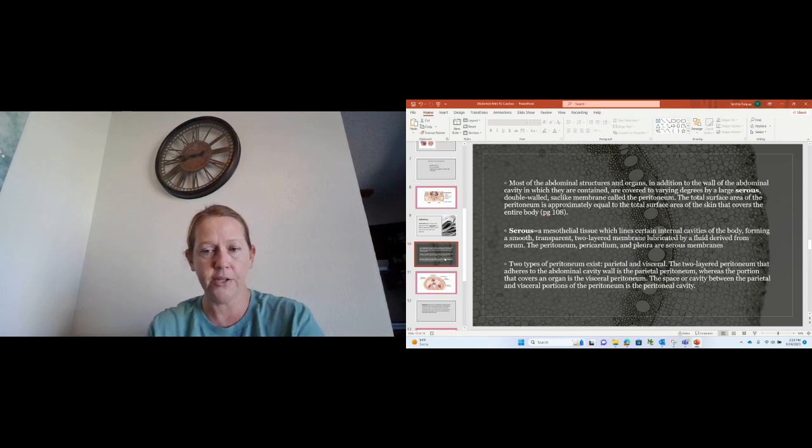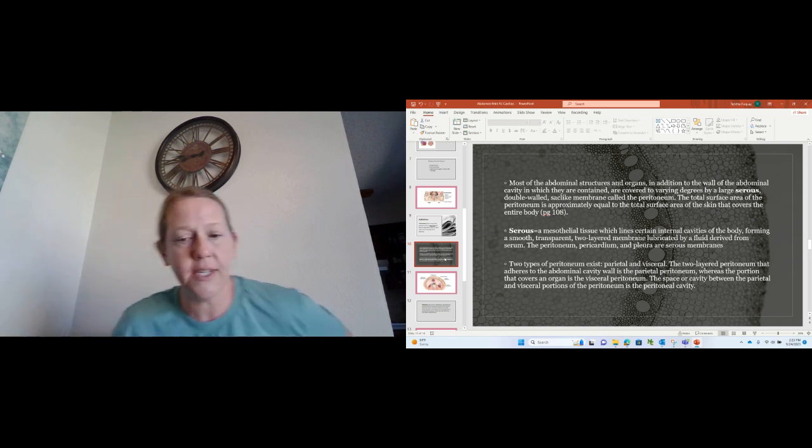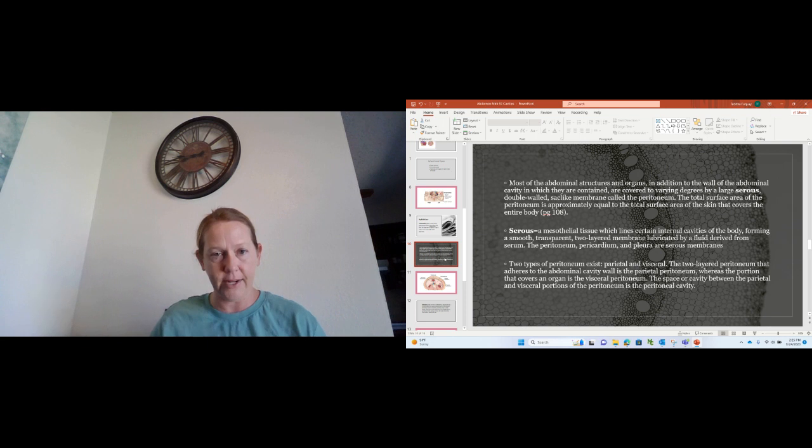The two-layered peritoneum that adheres to the abdominal cavity wall is the parietal peritoneum. The portion that covers an organ is the visceral peritoneum. And the space or cavity between the parietal and visceral portions is called the peritoneal cavity.